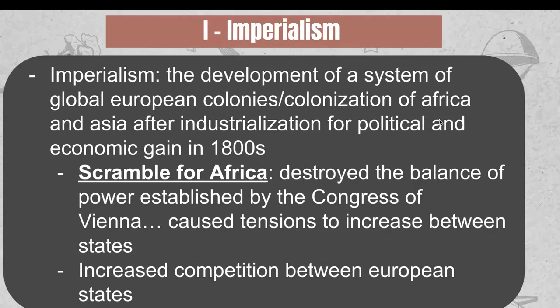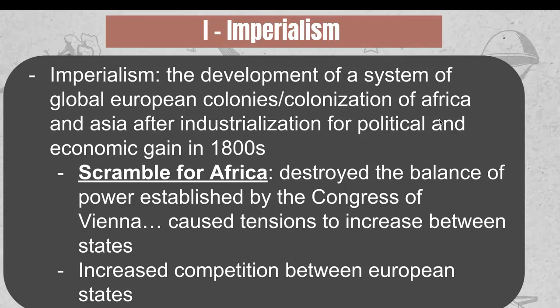The I in MAIN stands for imperialism. We talked about imperialism last unit, Unit 6, so you already know the definition of imperialism. The Scramble for Africa is an example of how imperialism is a long-term cause of World War I, because it is going to cause a power imbalance between the European industrial powers, which then causes increased tension between European states.